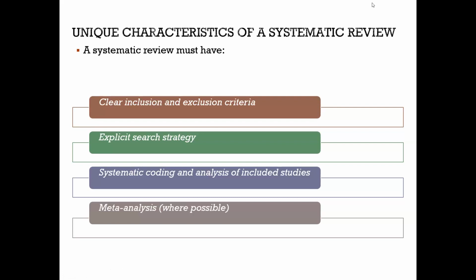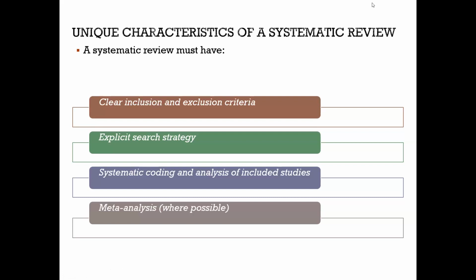You should be very explicit about the searching strategies, where you will search for the articles. Do you take them from PubMed or Medline, or Cochrane, or Embase? You should be very explicit about the searching strategies.